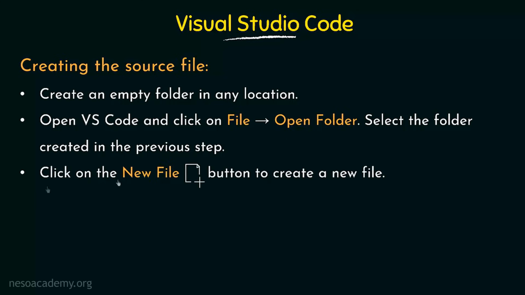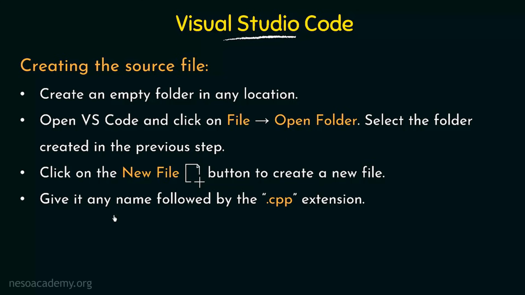After that, click on the New File button to create a new file. There is a New File button in Visual Studio Code which looks something like this. We click on it, and that will create a new file in the folder that we have created. Give it any name followed by the .cpp extension.